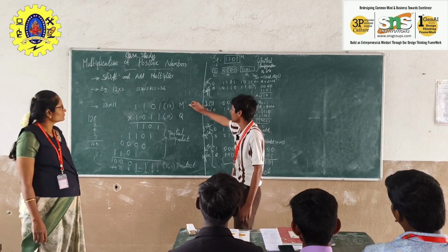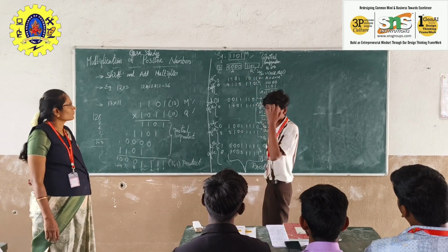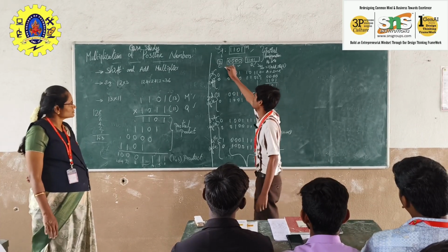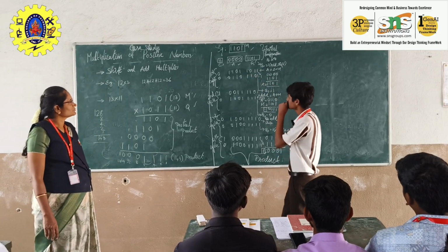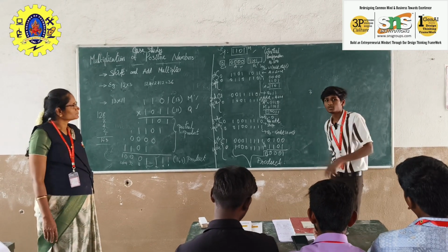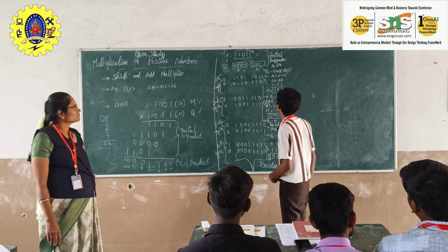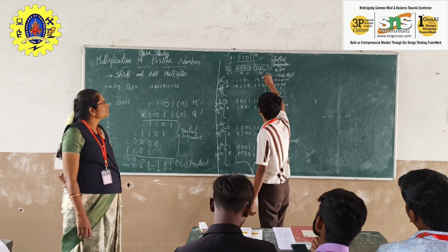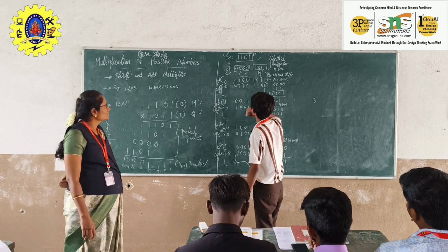We take the same multiplier and M and Q. We use A as a register and also take a carry bit. If the multiplier or multiplicand has 3 bits, we change it into 4 bits.